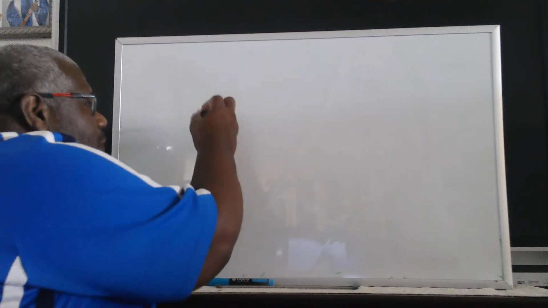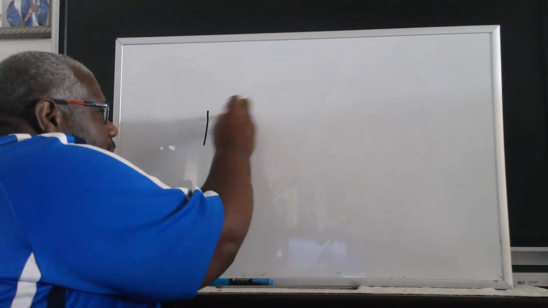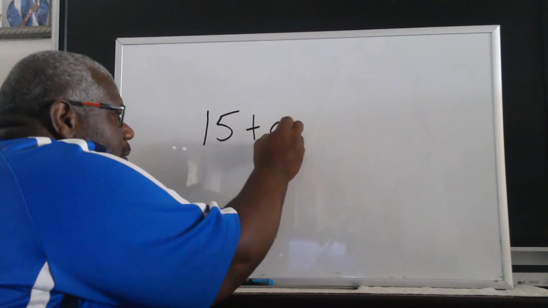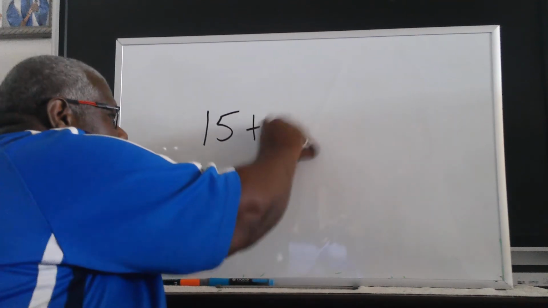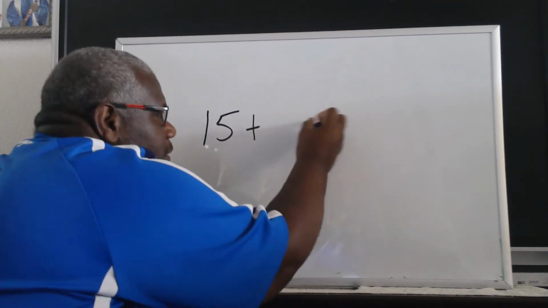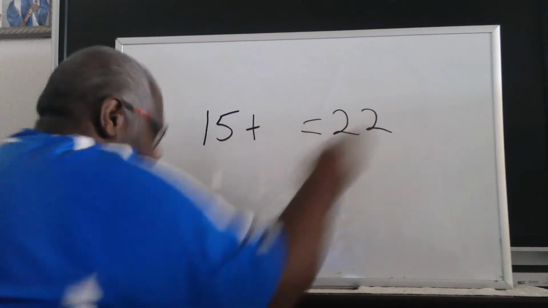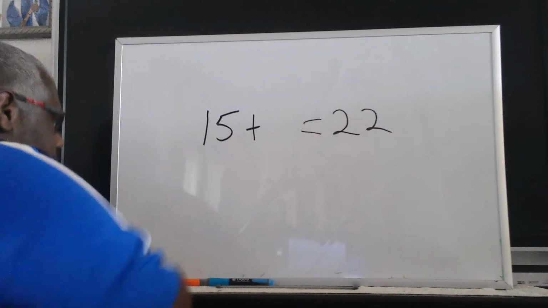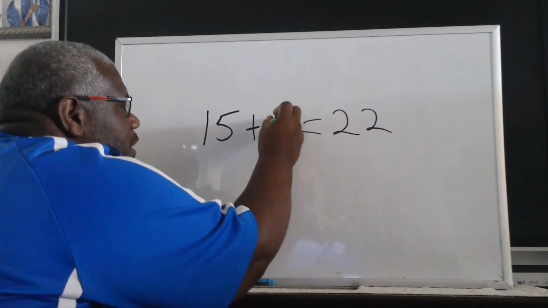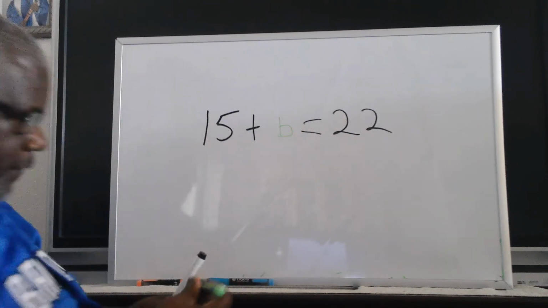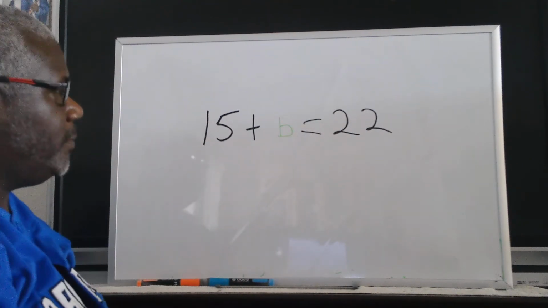Let's say, let's try this one. Let's go with B. 15 plus B equals 22, right?